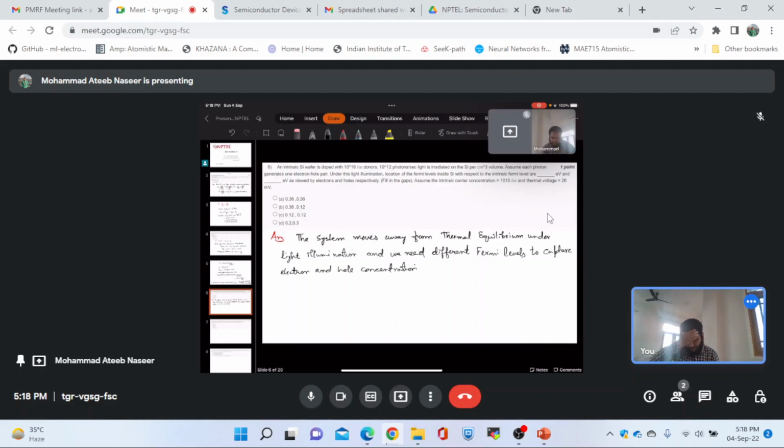So if now we see what is the majority concentration, since it is doped with donors, the majority concentration will simply be equal to N naught.